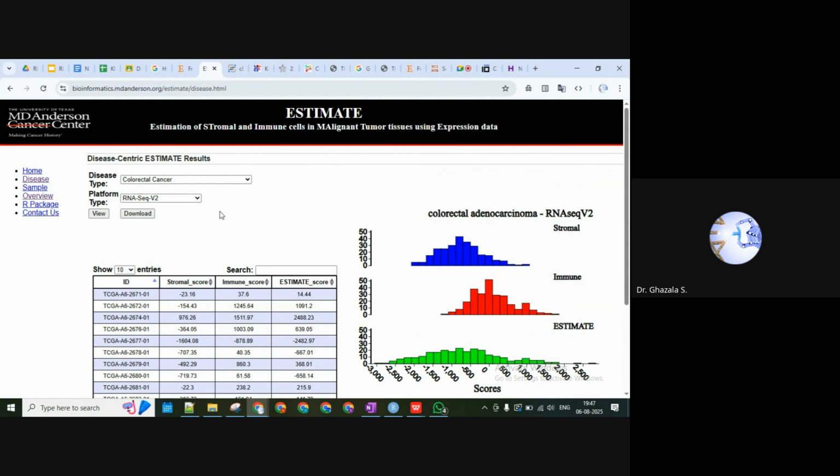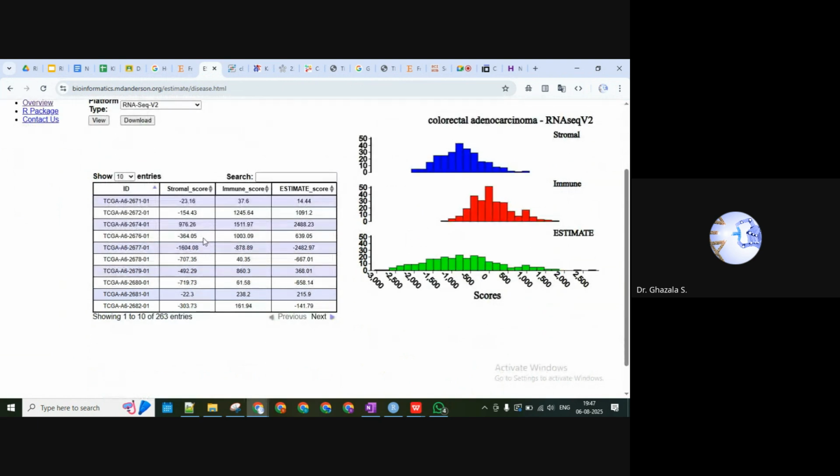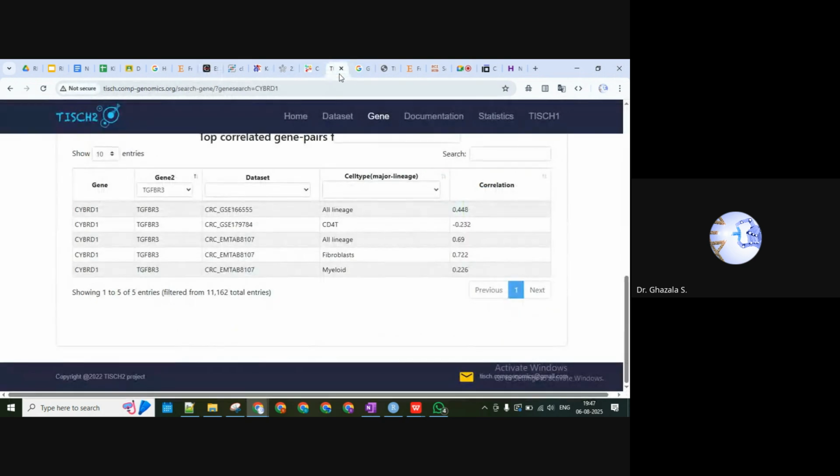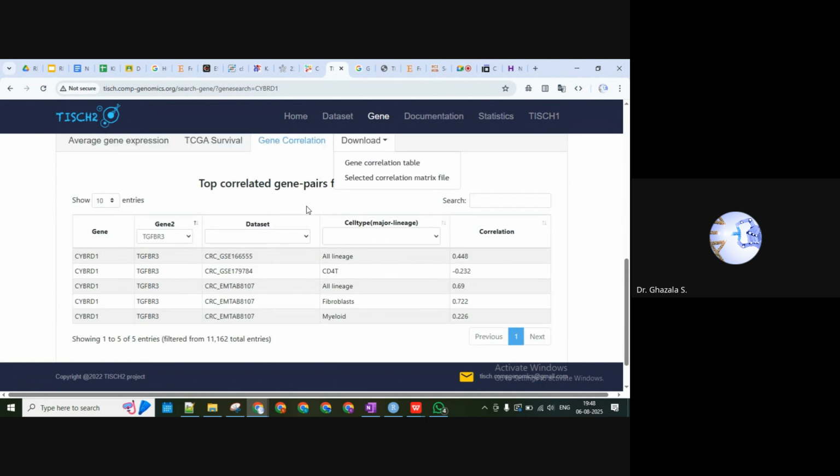Here it is basically not specific to a gene. It will give you, from all the data sets available in this particular database, the list of cell types that are involved in colorectal cancer. So it is not specific to the gene type but the disease type. That's why this is better if you are going with the gene type, as we are focusing more on DEGs. That's why it will be more significant for us.